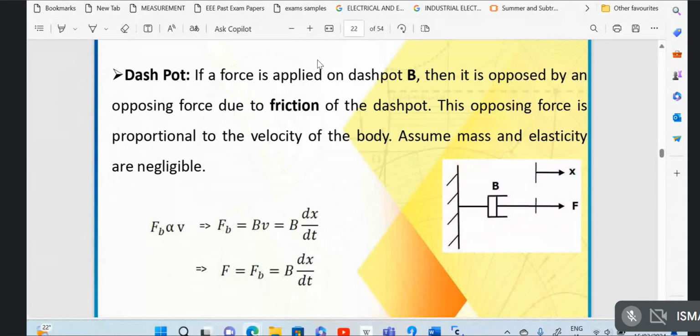There are certain things we must assume. So F of B is proportional to, what did you say? Velocity.